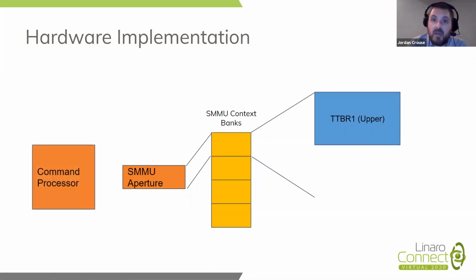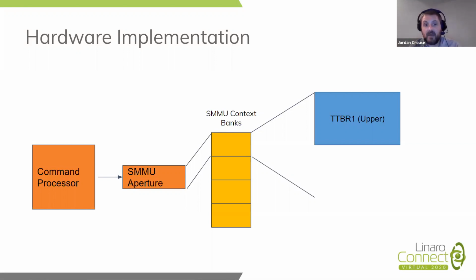So what's going to happen is the command processor, it's very simple actually. The command processor is going to come along. It's going to stop the buses. It's going to stop all of this GPU activity and put itself into a situation where it can transition without accessing the SMMU. Then it's going to write the TTBR0 address. So we're going to have a TTBR0 physical address that we've stored for the page table. We're going to put it into the command stream.